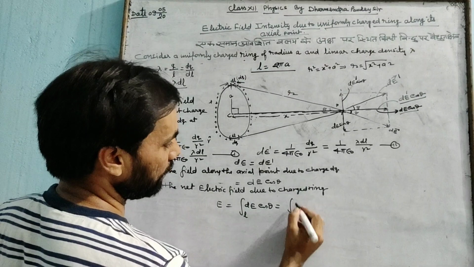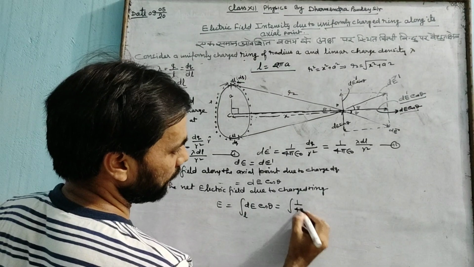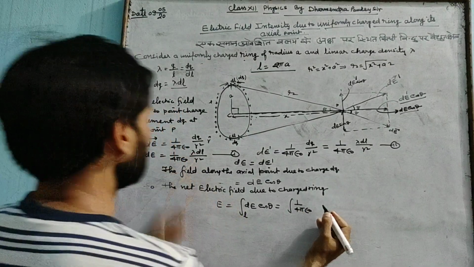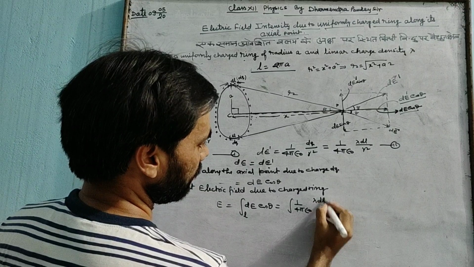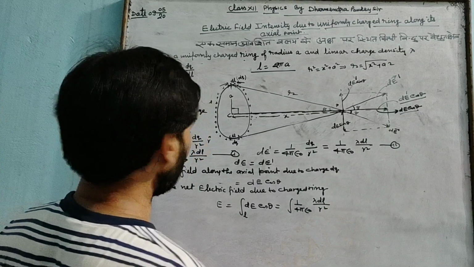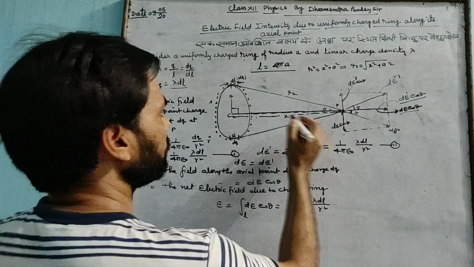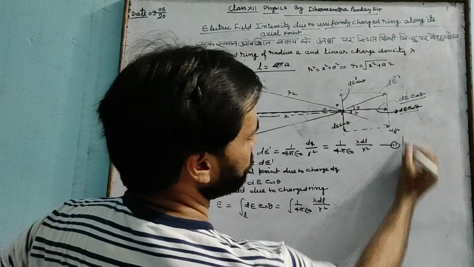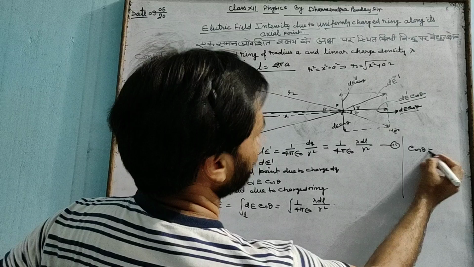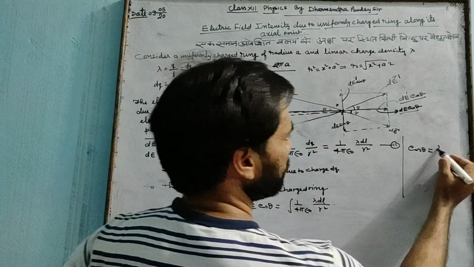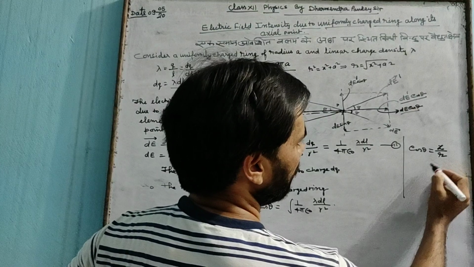And in place of dE we can write 1 upon 4 pi epsilon 0 lambda dl upon r squared. And the value of cos theta, here this is the base and this is the hypotenuse, so cos theta can be written as x upon r.